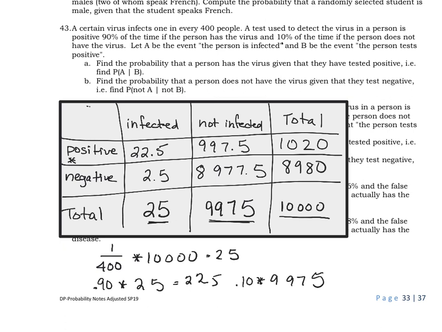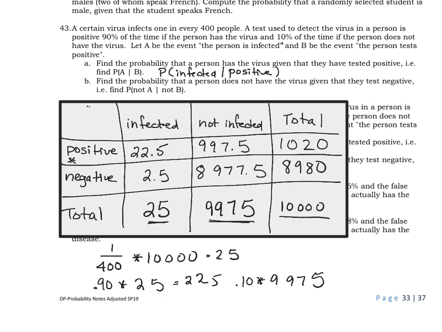Okay, now here they say let A be the event the person is infected. And B be the event the person tests positive. So on A, they want us to find the probability that a person has the virus given that they test positive.